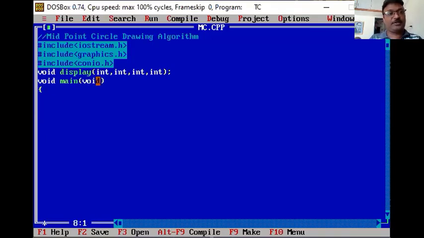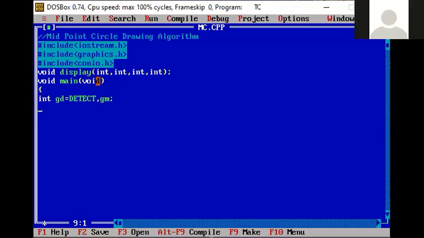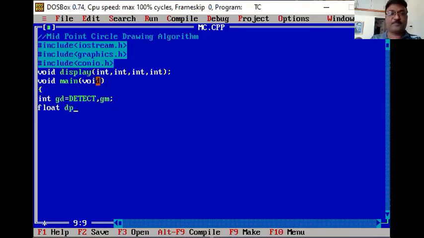First of all, int gd = DETECT and then gm. That is my graphics driver and graphics mode. Suppose here I have to consider float dp, my decision parameter. x comma y is my center of the circle. r is the radius. Suppose I have considered x1 and y1 as my starting point, the initial point.